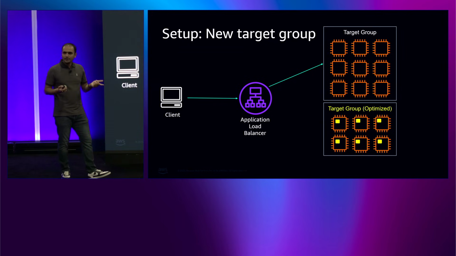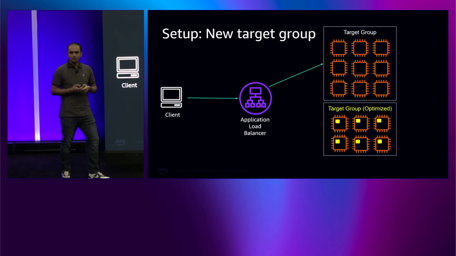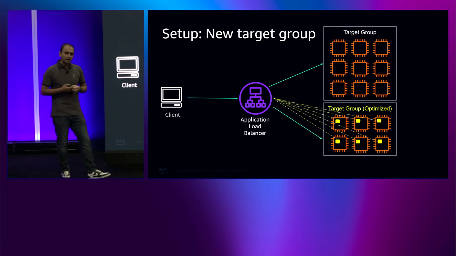So if you already have an existing load balancer that is already configured with a listener, which is already sending traffic to an existing target group, you simply need to modify that listener rule and add this new target group to that listener. And once you've added it, you can simply move traffic over from the old target group to the new target group.